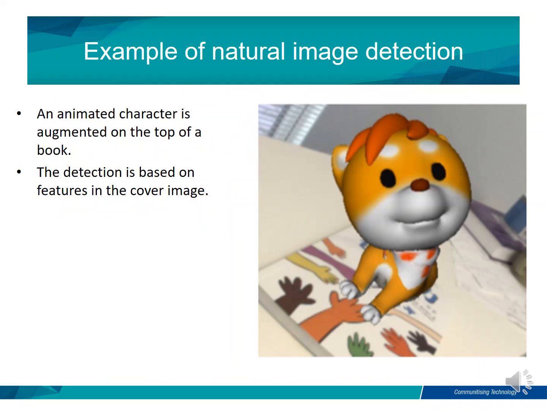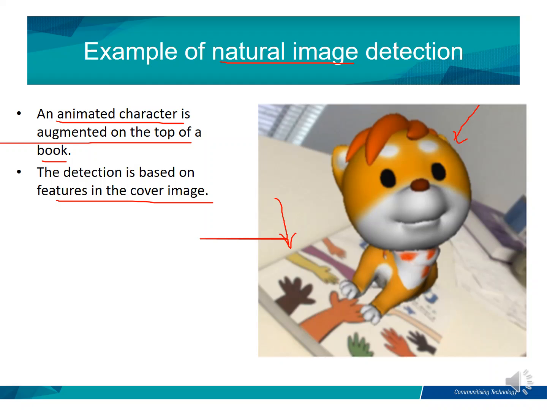Here is an example of natural image detection. Why do they call this a natural image? Because they use the current image or natural image that is available in the real world. For example, here you can see an animated character is augmented on top of a book. This animated character is the virtual object, and this is the book. The book cover here is a real, physical book. The detection is based on the features in the cover image.